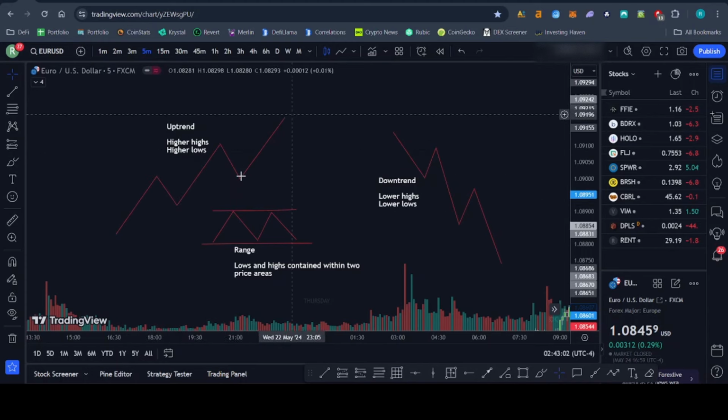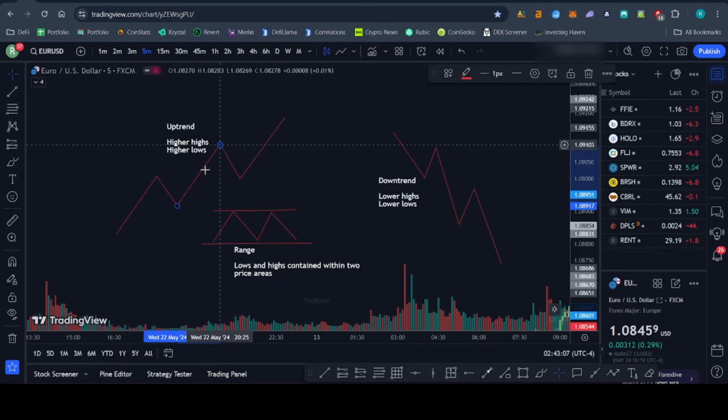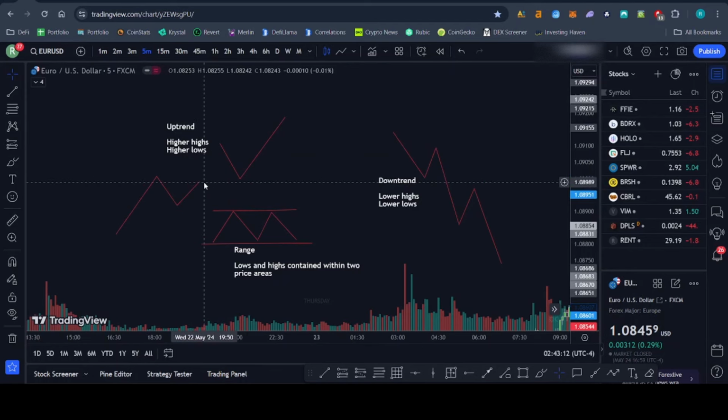And again, we see the same thing here. Let's just say the price only came up to here, and didn't come up to this high, didn't close above this high. This would mean that this is not confirmed as the higher low just yet.